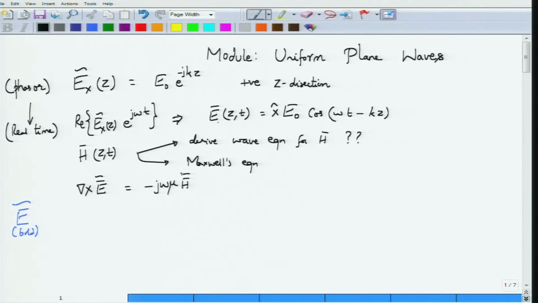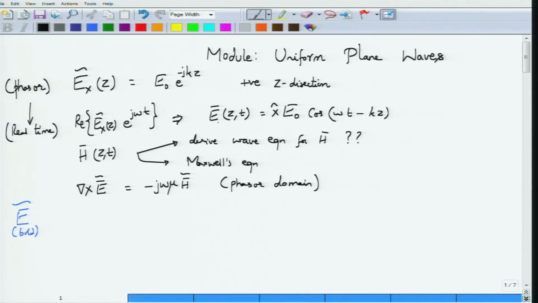As I said, this is slightly clumsy notation, but it is important to keep, because this expression is valid only in the phasor domain, so I have to indicate the field quantities as phasors by a tilde.